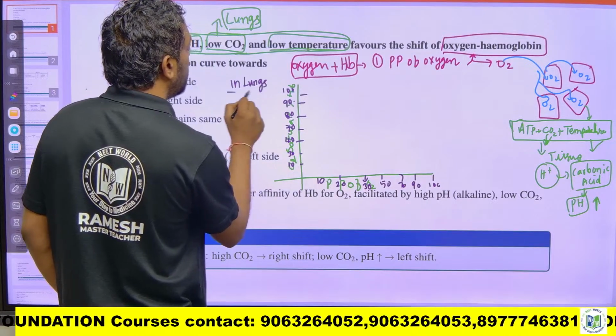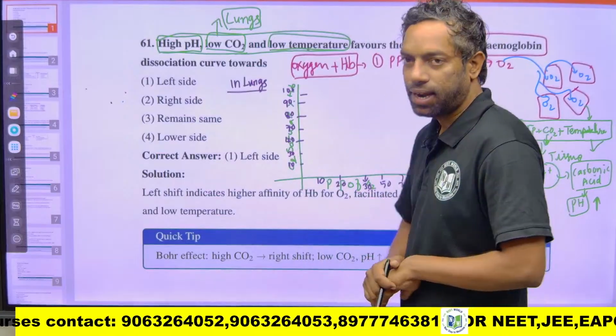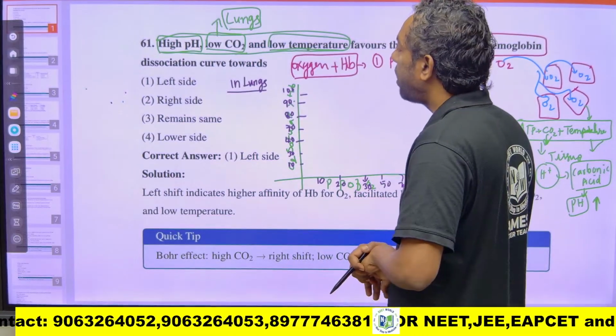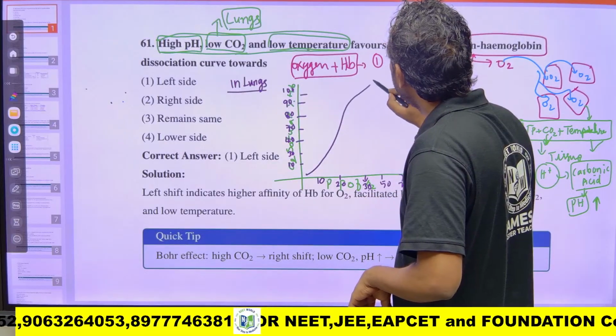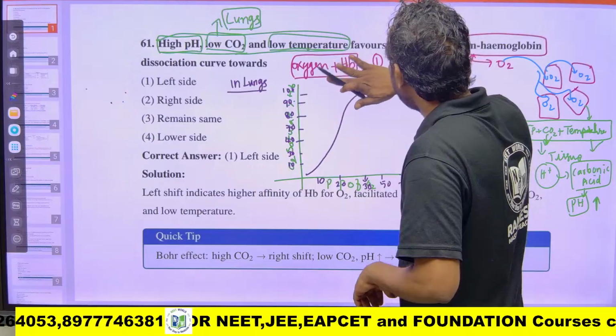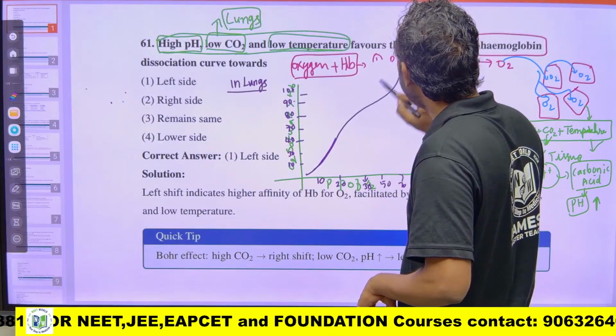In the lungs the partial pressure is high. The sigmoid curve is nothing but an S-shaped curve.